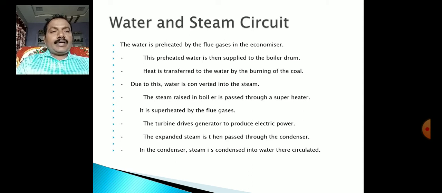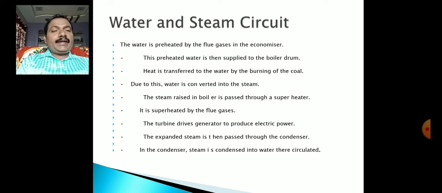Hence, the wet steam is converted to dry steam, and the turbine drives the generator to produce electric power. That means the steam is running towards the turbine. Thus, it is rotating the turbine, which is driving the generator to produce the electric power.